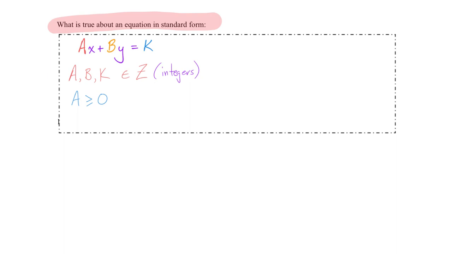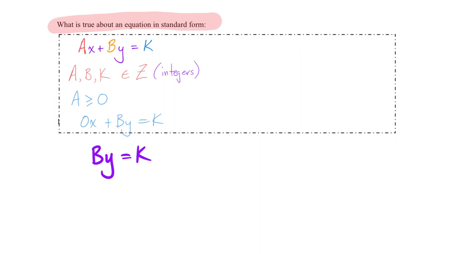Well, if A equals 0, then I'm going to have 0 times x plus, who cares about the rest for right now? Let's look at the consequence of A equaling 0. I'm hoping that we can see that 0 times any number is 0, and so what that ends up giving me is by equals k as my equation. Well, that's still standard form.